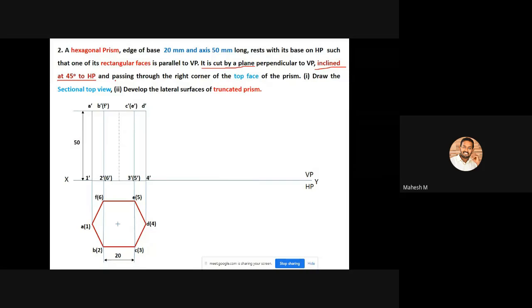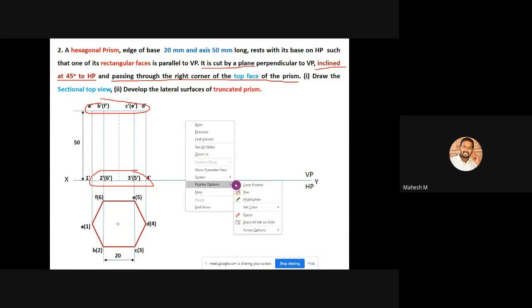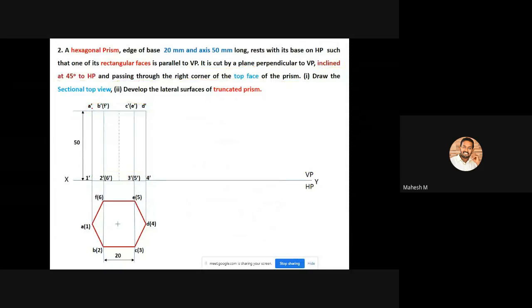Okay, and please look at this, passing through the right corner of the top face of the prism. So this one is the bottom face and this one is the top face. So in your condition, the cutting plane is passing through the right corner of the top face of the prism. That means there are 2 corners available for the top face. One is the left corner and another one is the right corner.